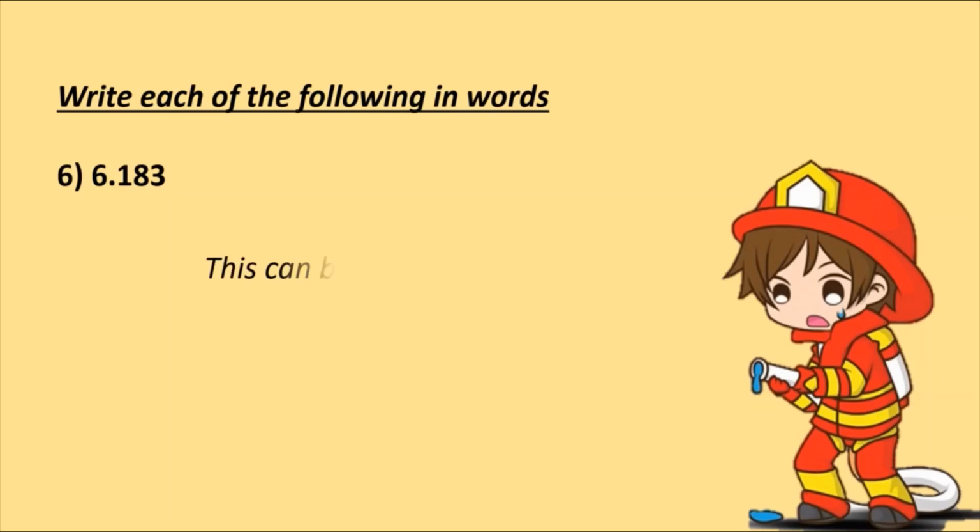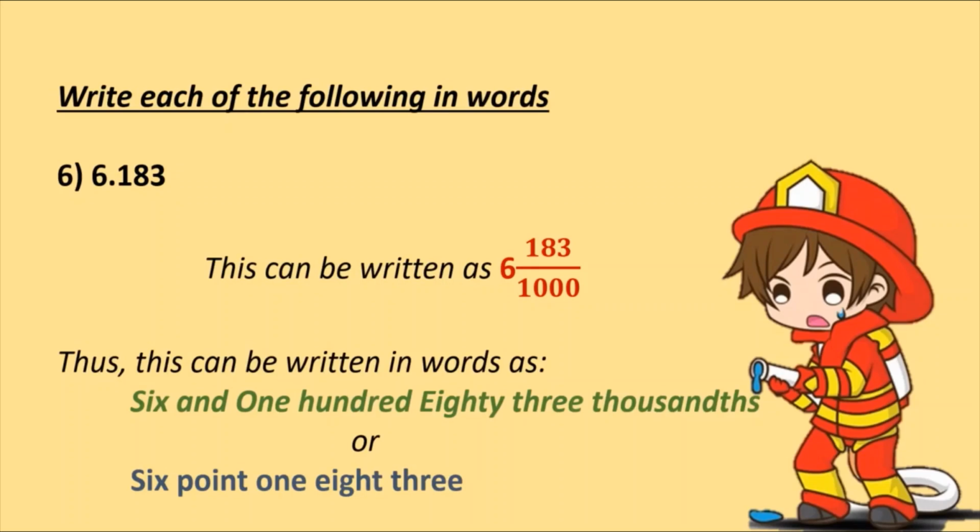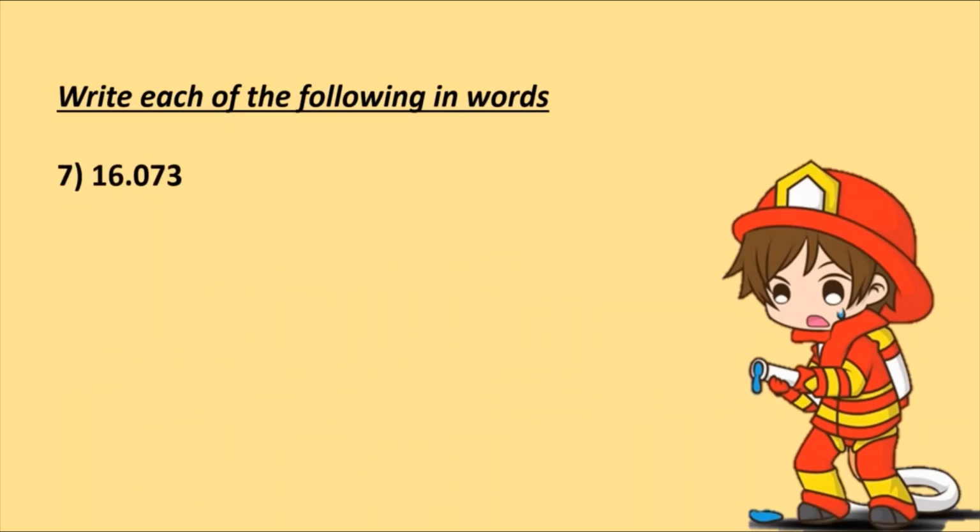So this can be written as 6 and 183 by 1000, which in words we write as 6 and 183 thousandths or 6.183.